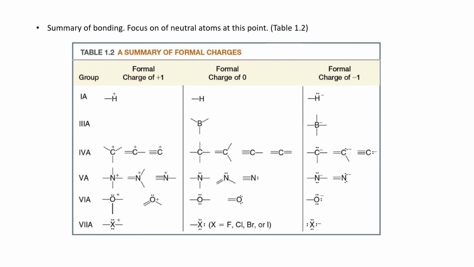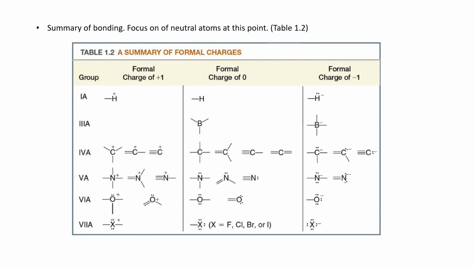Now here's a summary of some of the bonding patterns that you're going to see. We're going to focus on carbon, hydrogen, nitrogen, oxygen, and the halogens. Now before we get into formal charges, which is just sort of an accounting method for the valence electrons.